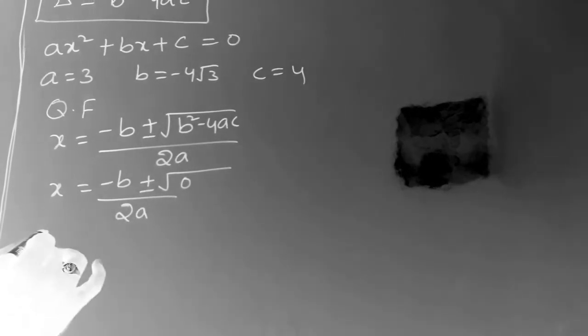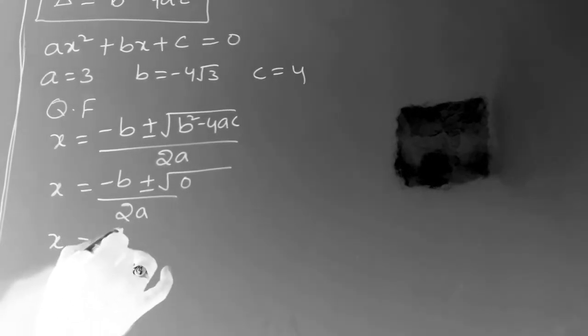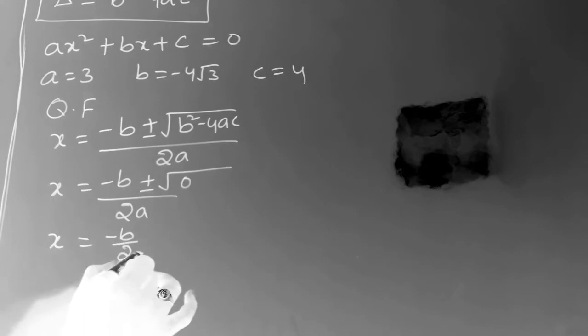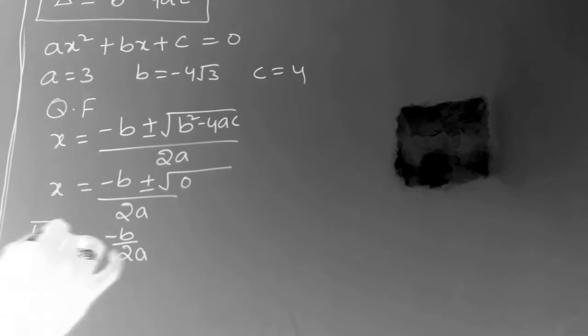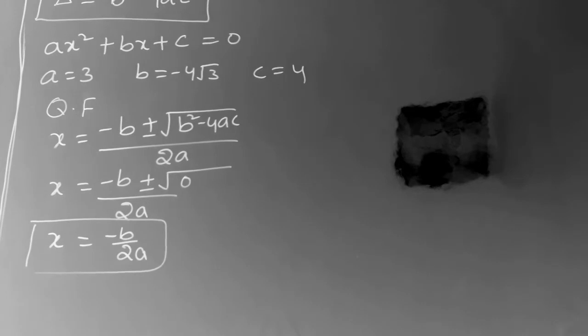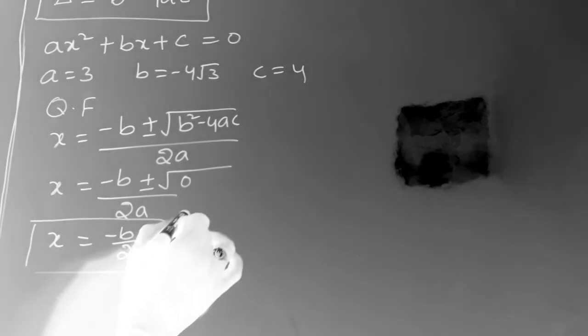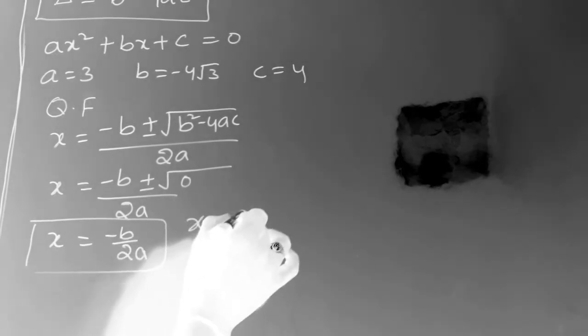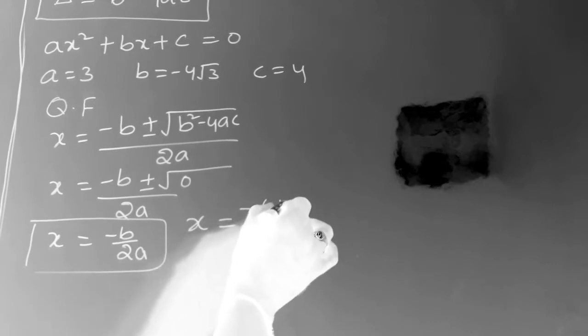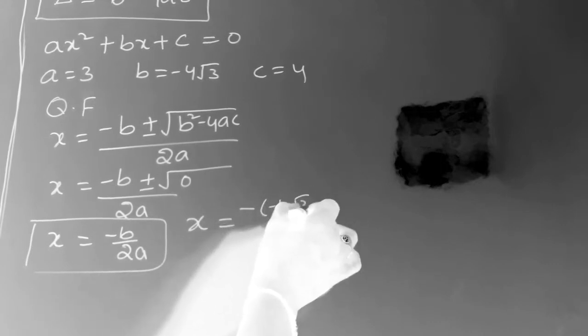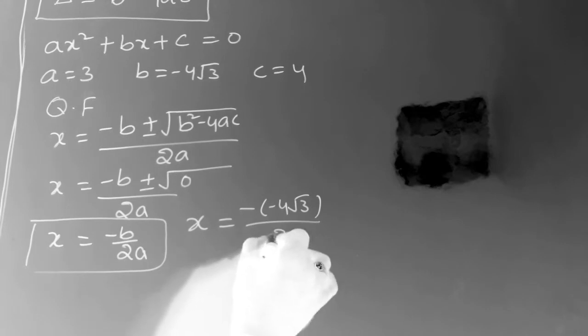So if you substitute that 0, you will get minus b by 2a. If the roots are equal, the formula to find the roots is nothing but minus b by 2a. So here, minus b, minus of minus 4 times root 3, by 2 times 3.